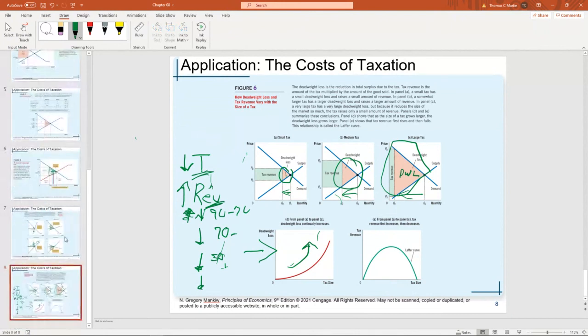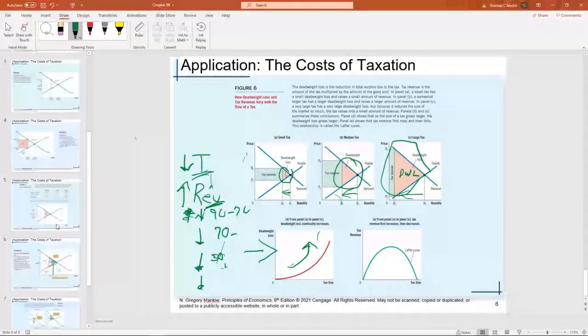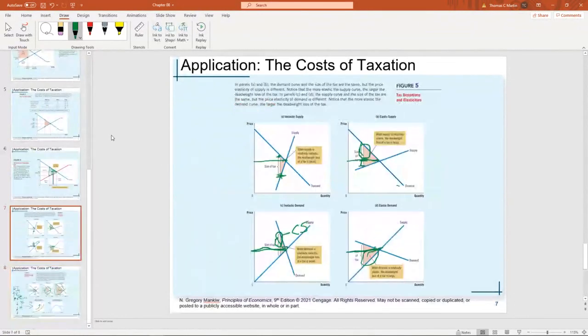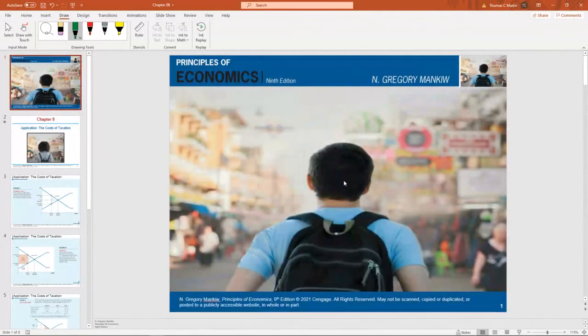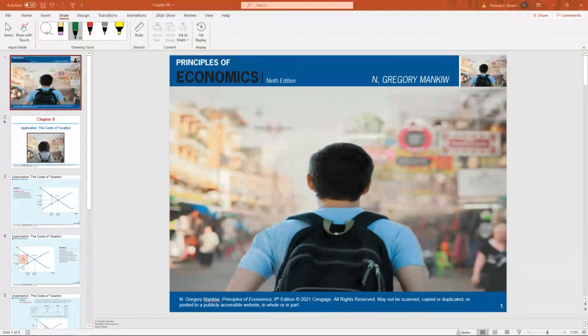So this is something I would probably print out, and you got the same thing you would see on chapter 7.